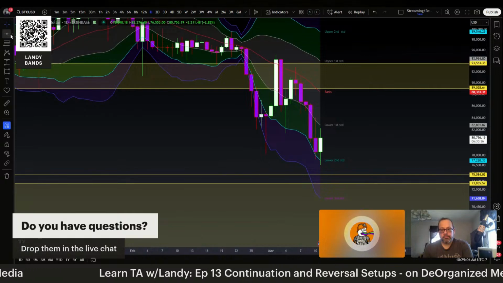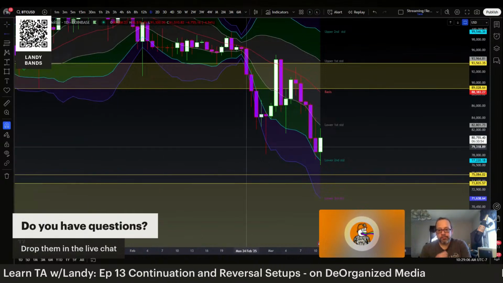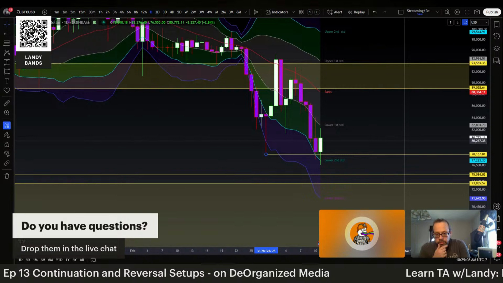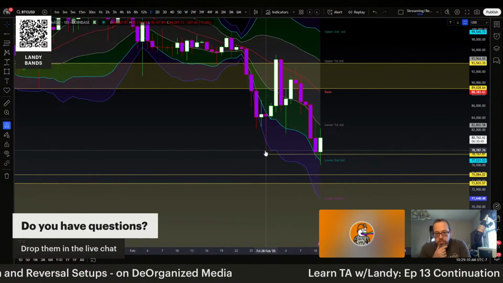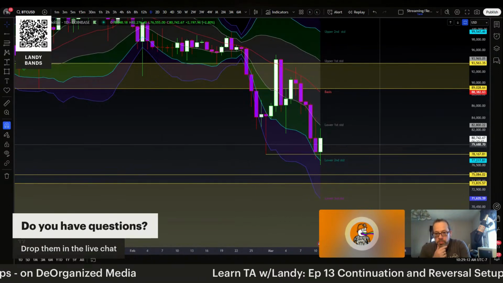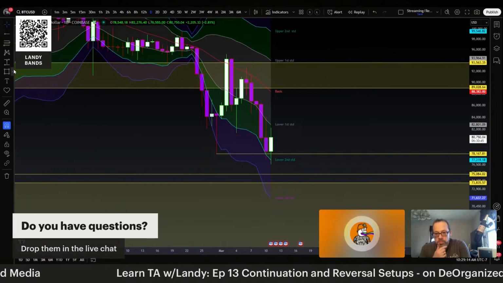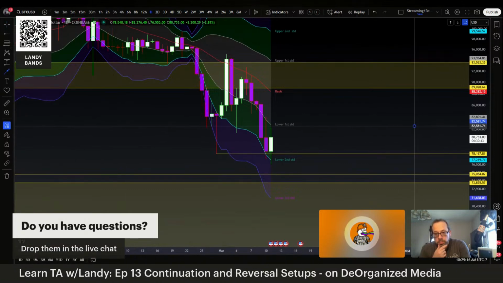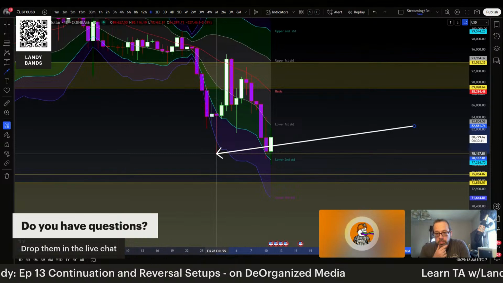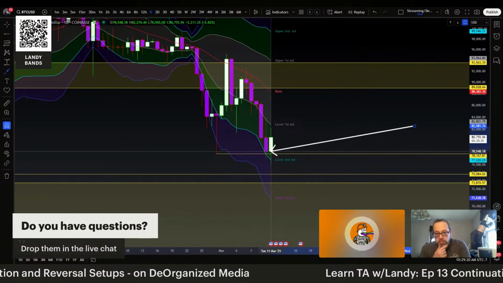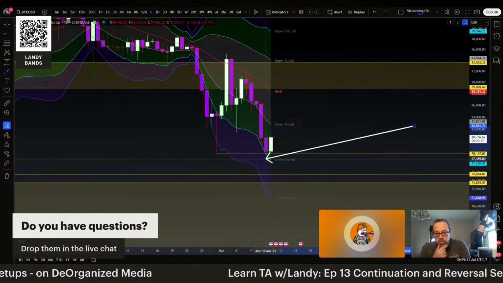So let's define some criteria for continuation in lower timeframes and then on the daily. That's going to be this swing low that we have not closed below in the daily yet, but we have swung below it. So in the lower timeframes, when we see this low on the daily break down, we're watching price head down.